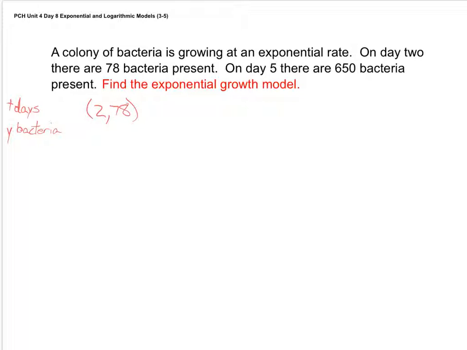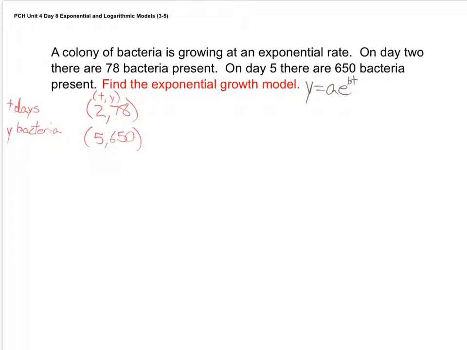So we have points (t, y) here. Our first point is (2, 78), and our second point is going to be (5, 650).